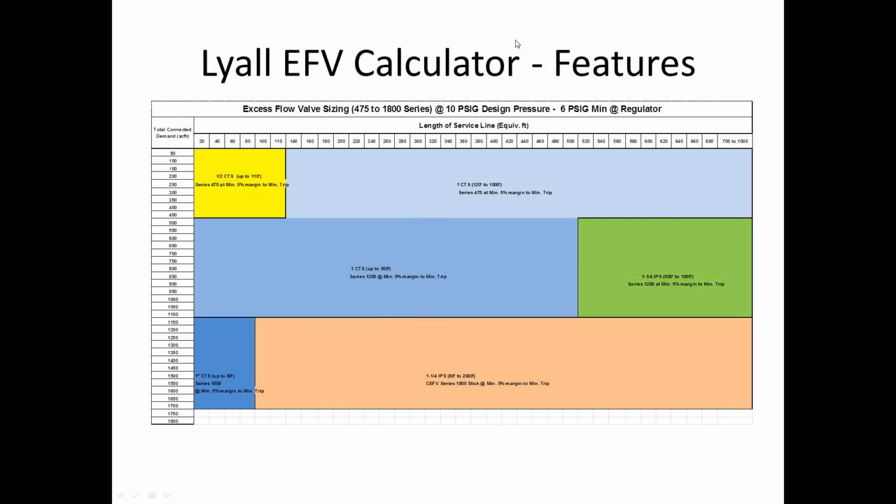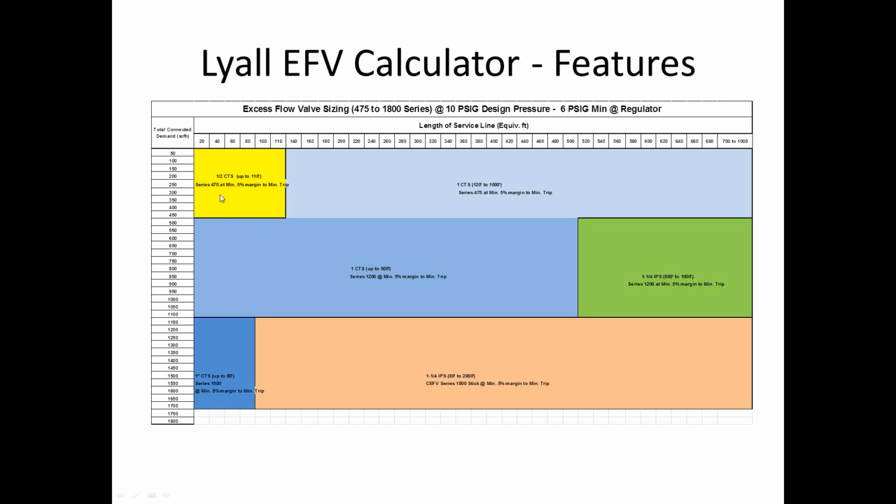So what can you do with that calculator before we get into actually playing around with it a little bit and exercising it? What it will allow you to do is build some tables. You can put in different parameters within the calculator and build tables around your particular service line sizes.